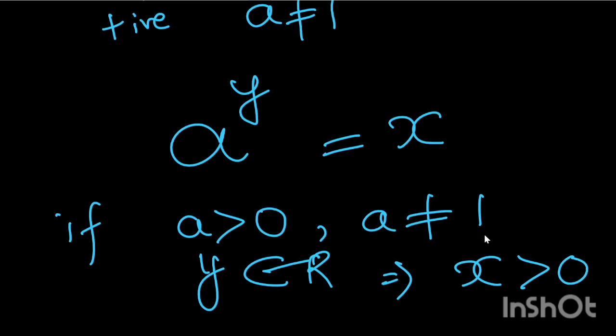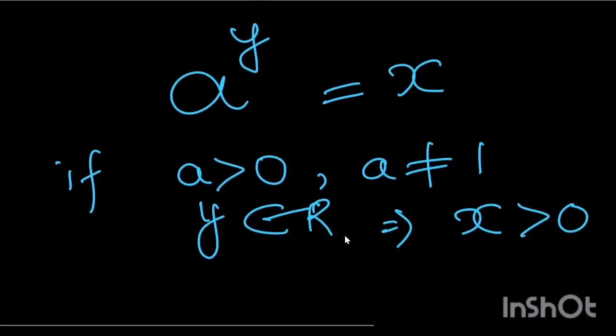So choosing any two numbers a and y automatically decides the range of x, which is positive. So a to the power y is equal to x. Three numbers are chosen such that one of them, which we call the base, is positive and not equal to 1, and y, which is the power, is any real number. In that case, x is positive.